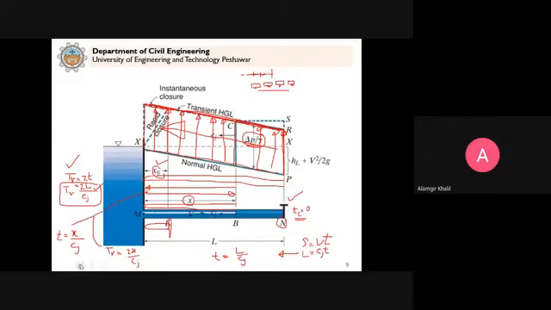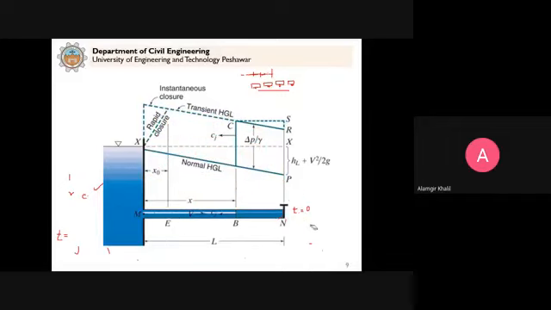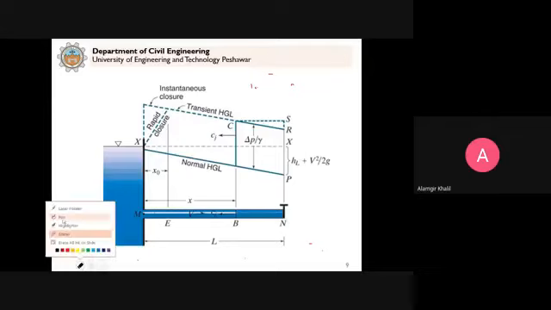You see, for instantaneous closure, the increase in pressure is experienced by all the points in the pipe.